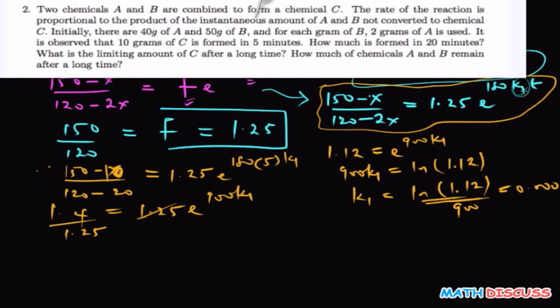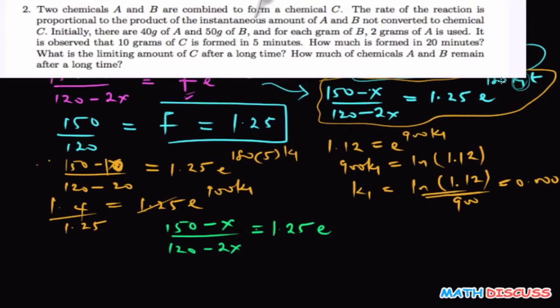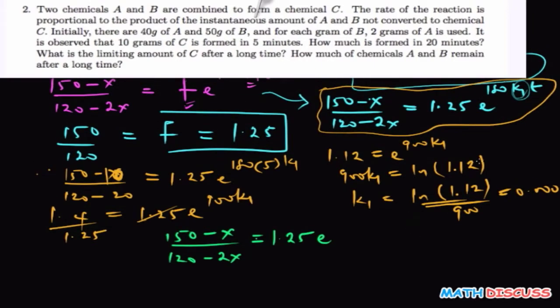So now I've been able to find a value for k1 here. So I could rewrite this whole thing now as 150 minus x divided by 120 minus 2x equals 1.25 e to the power 180 times k1. Our k1 is 0.000126.